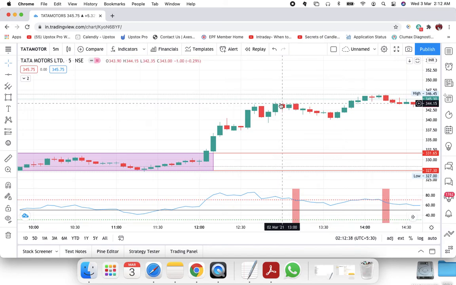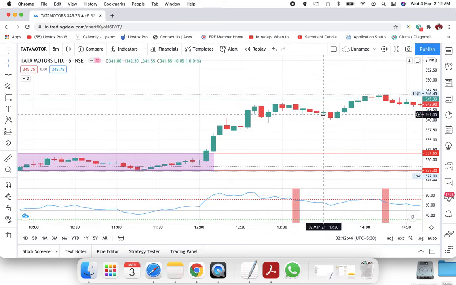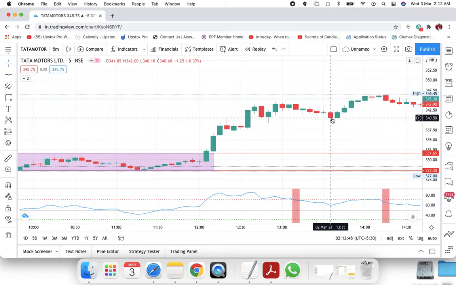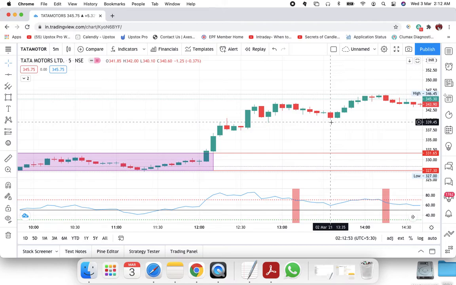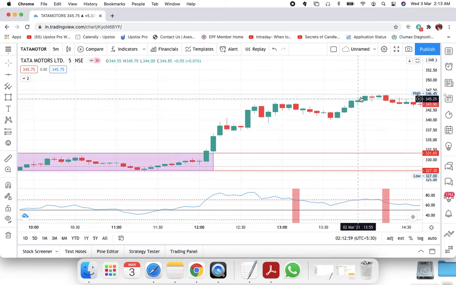Then again the same rule applied all over, it was not able to break the previous candle's low. Slowly it came, and it was not able to break the previous candle low, so we keep holding, and finally it went up to 346.